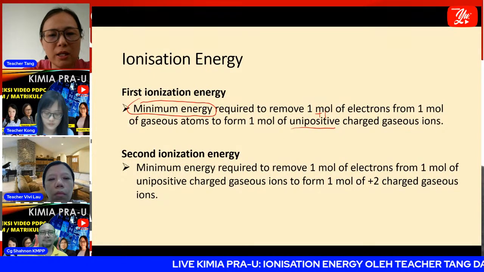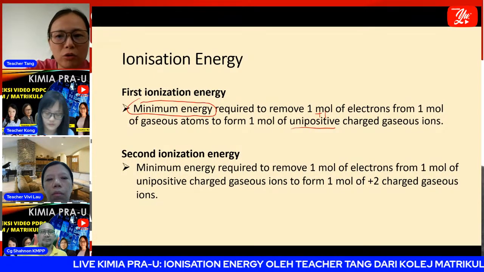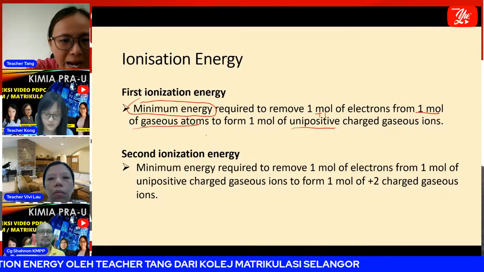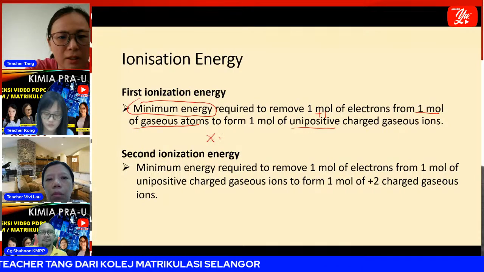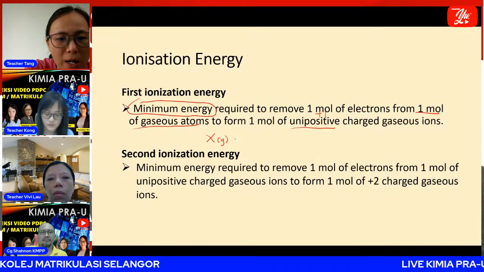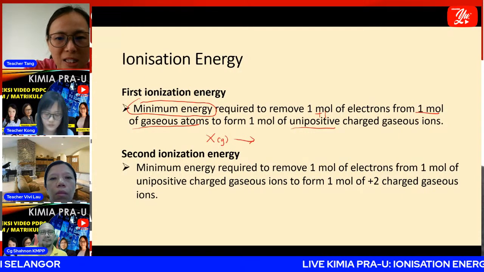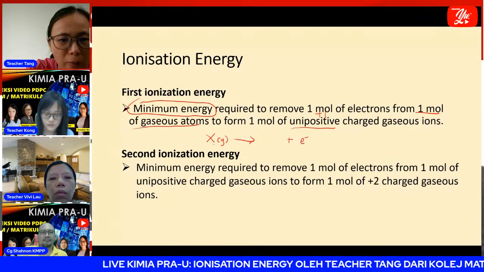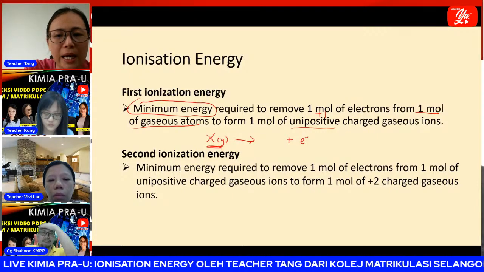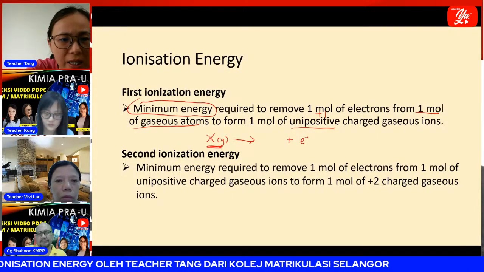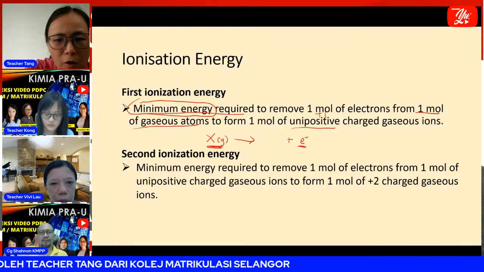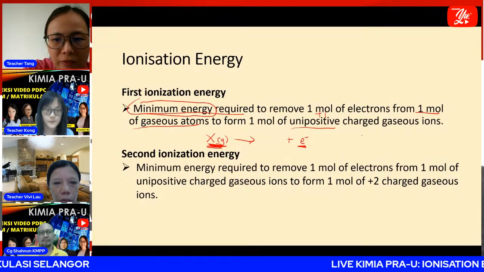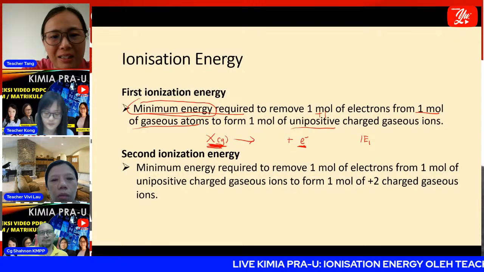From this definition, it refers to 1 mole of gaseous atom, for example, atom X. It requires a certain amount of energy to remove 1 mole of electrons from this gaseous atom X, and the amount of energy needed to remove this 1 mole of electrons from 1 mole of gaseous atom X is what we call the first ionization energy of atom X.